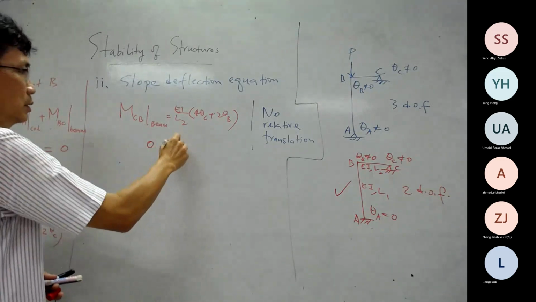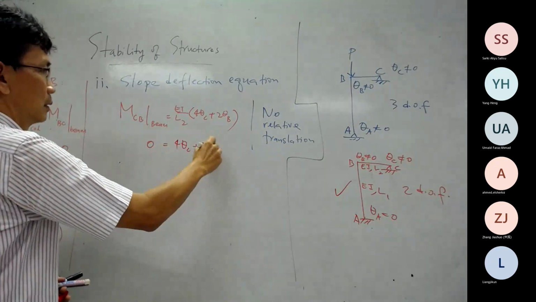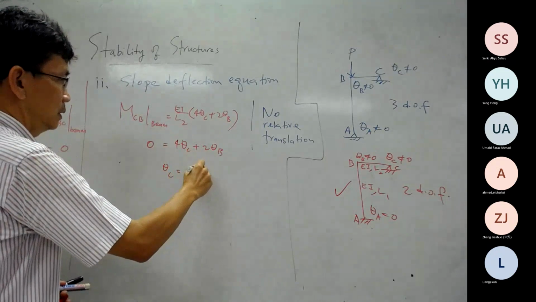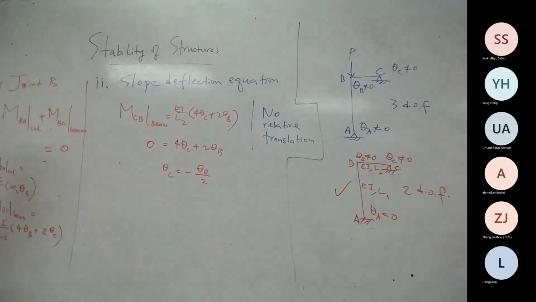So you get the relationship between theta C and theta B, which is theta C equals negative theta B over 2. This simplifies it, and finally we have only one equation to solve.